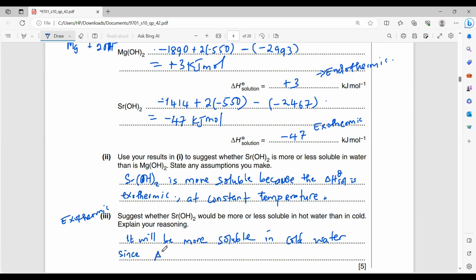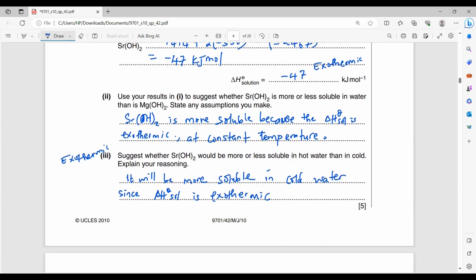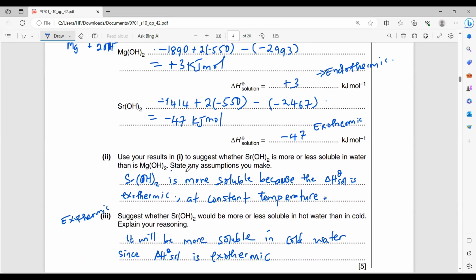This is in accordance with Le Chatelier's principle, if you know what I'm talking about. There's going to be a counter effect there. That's based on Le Chatelier's principle, and that's it for that question, all right?